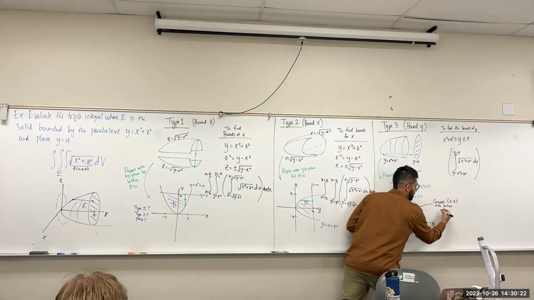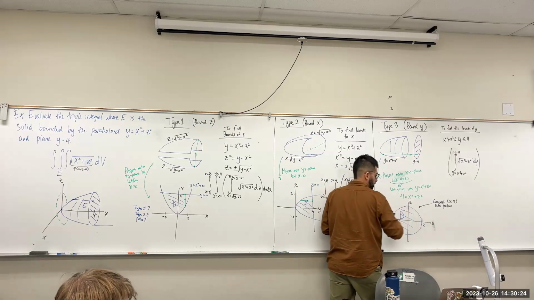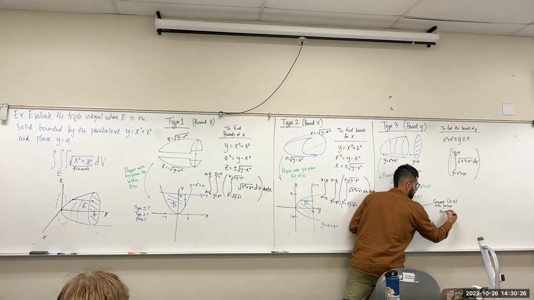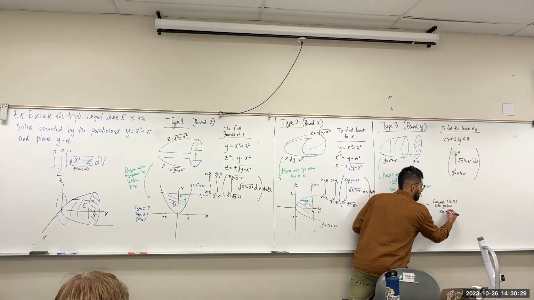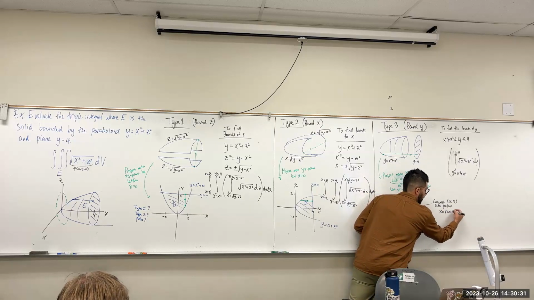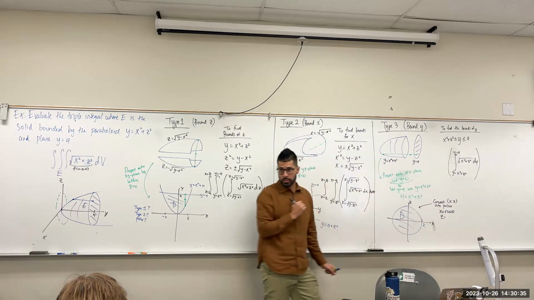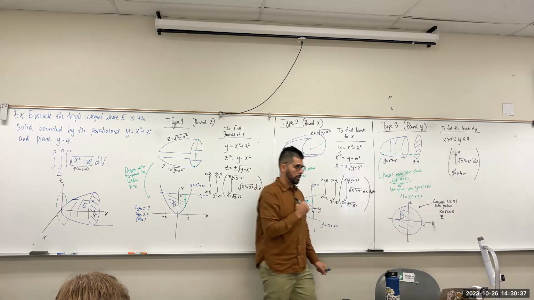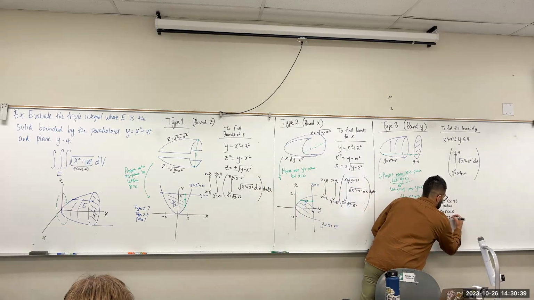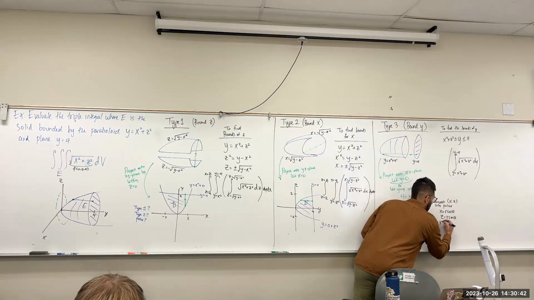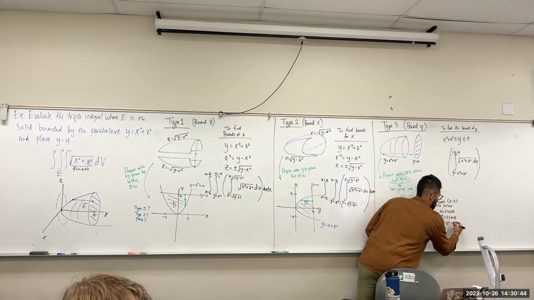What does that mean? That means that X is going to equal what? In polar, R cosine theta, but now what equals R sine theta? Z equals R sine theta. Okay? And so what will X squared plus Z squared equal?